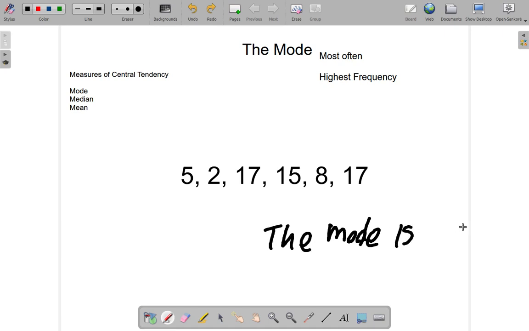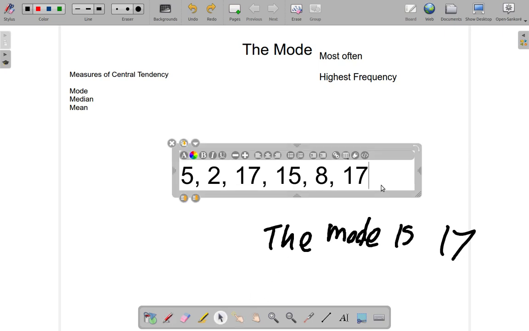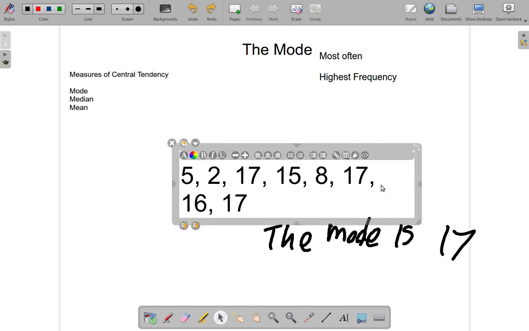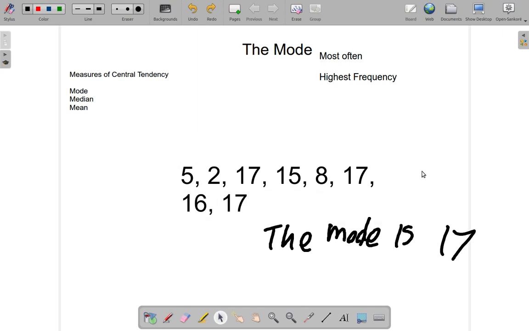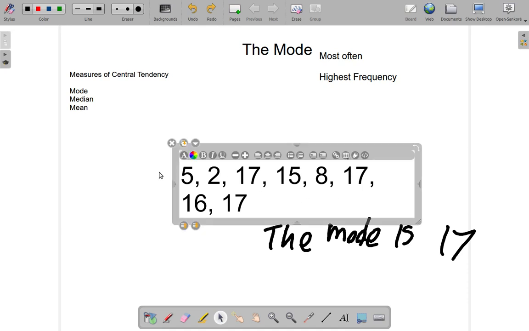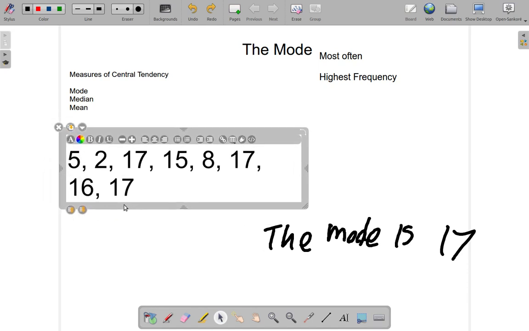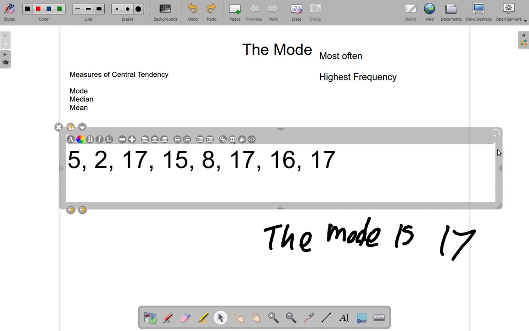Let me make a little adjustment. 16, 17. Here, what is the mode? Again, I see 17 3 times, and the other numbers only once. So 17 is indeed the mode.